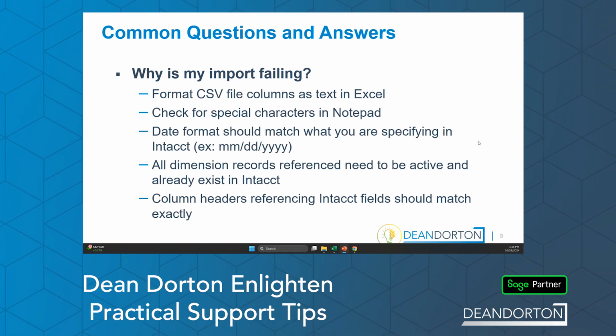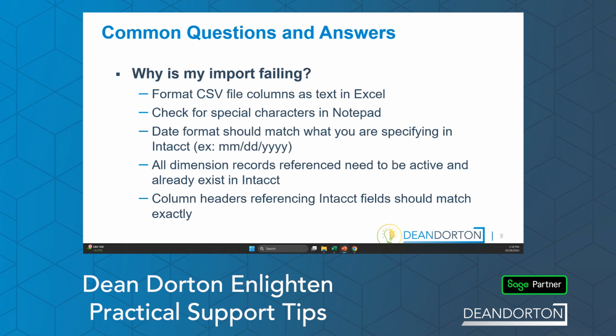One other thing, all dimension references need to be active and already exist in Intacct. So if we're importing AP bills, your vendor dimension needs to exist in Intacct, or your location dimension needs to exist in Intacct before you can import things. And also your column headers need to match the Intacct field exactly.